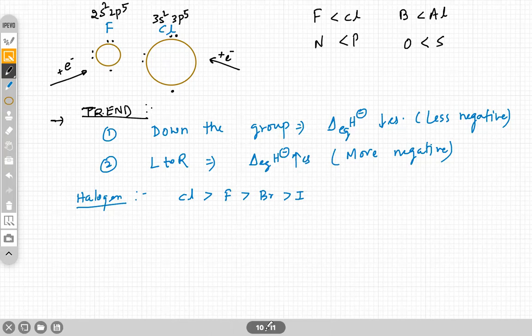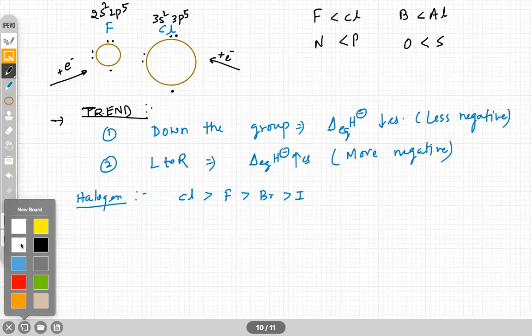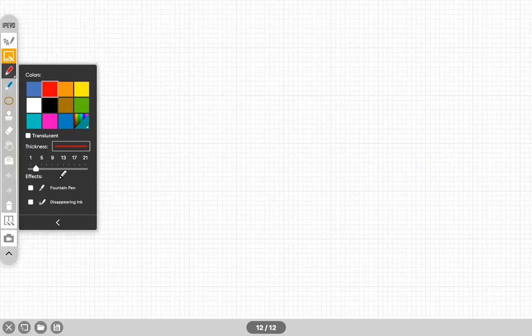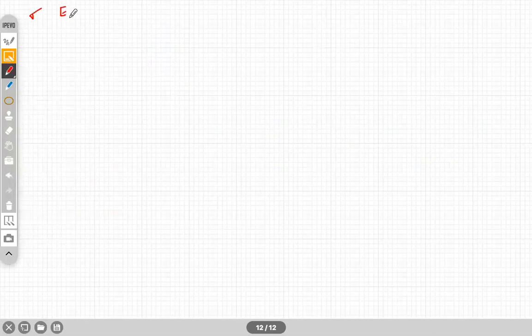Okay, the next term we have to discuss, write down, that is electronegativity. Heading, write down electronegativity.